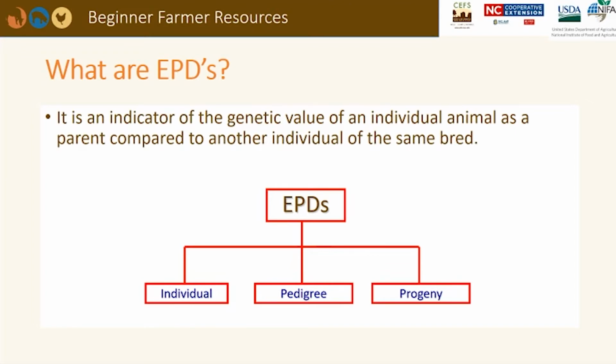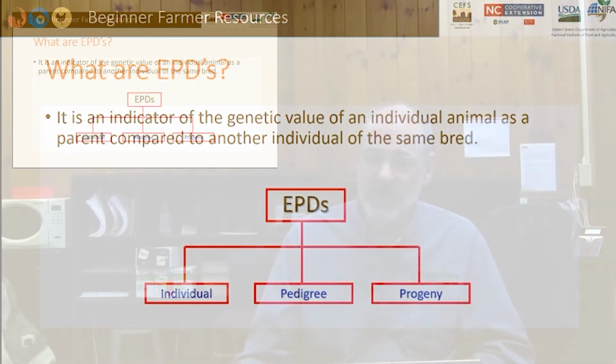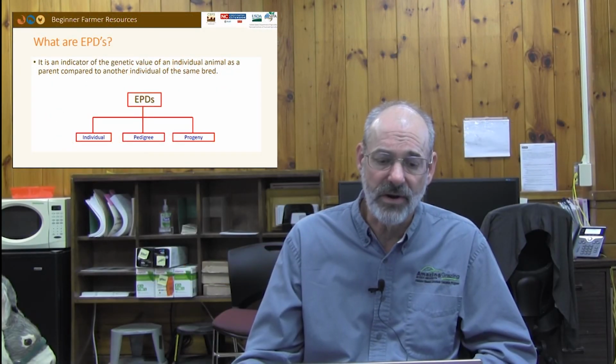A low birth weight bull may be 0 or +1 on birth weight, where an animal with a +4 or +5 would be expected to have calves that are 4 or 5 pounds heavier than the one that has the 0. So you can make that selection for what you're trying to do.